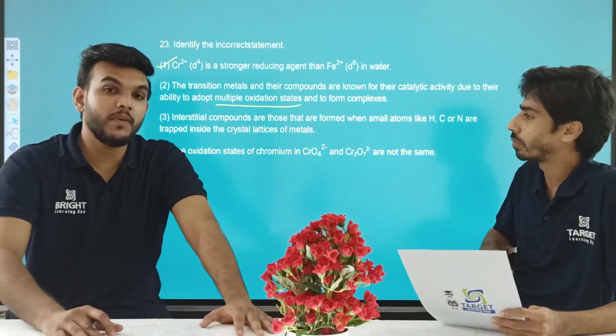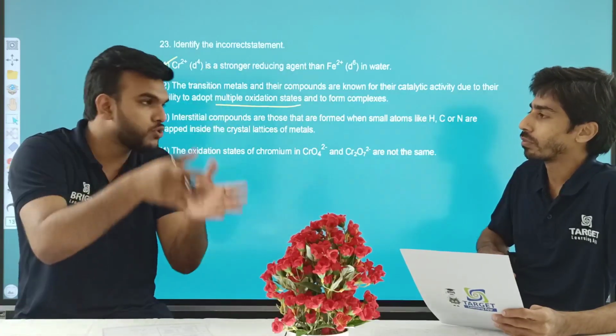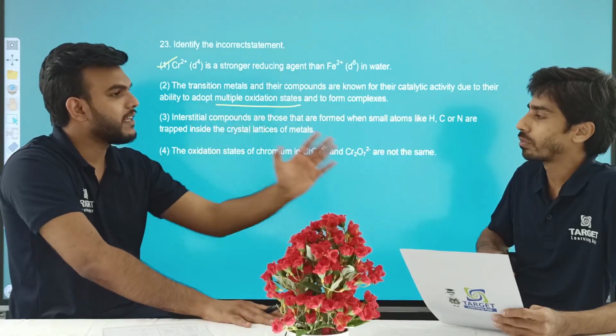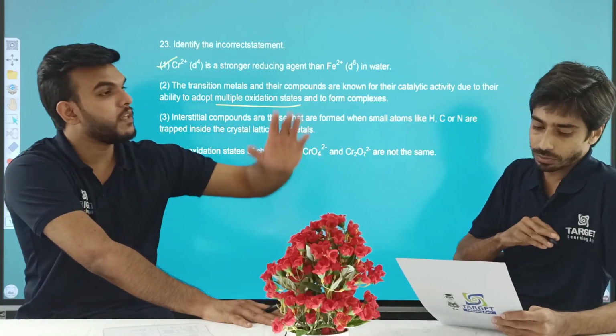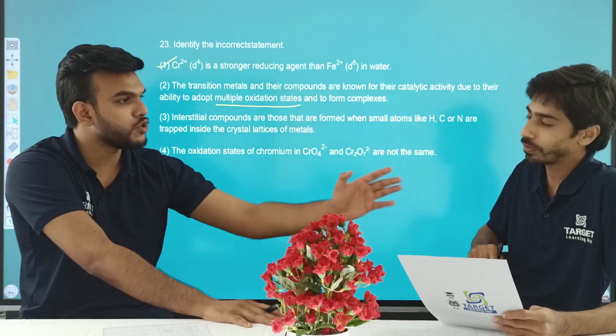In the case of the 3d series, +2 is the common oxidation state. When we were taking the classes, we defined that very clearly. It has a common oxidation state of +2, and then it gradually increases up to manganese. Manganese will show +7.